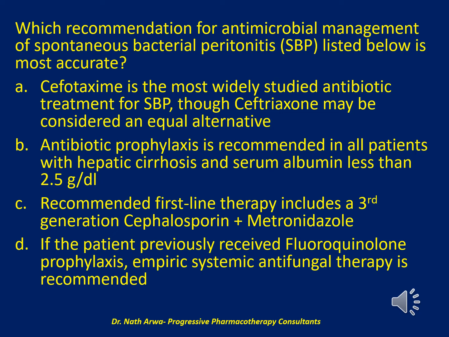Antibiotic prophylaxis is recommended in all patients with hepatic cirrhosis and serum albumin less than 2.5 grams per deciliter. Or C? Recommended first-line therapy includes a third-generation cephalosporin plus metronidazole. Or is it D? If the patient previously received fluoroquinolone prophylaxis, empiric systemic antifungal therapy is recommended.